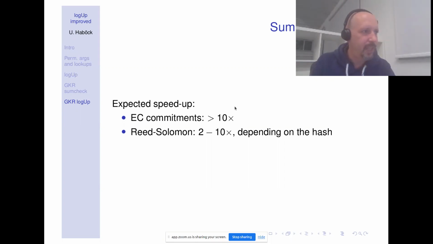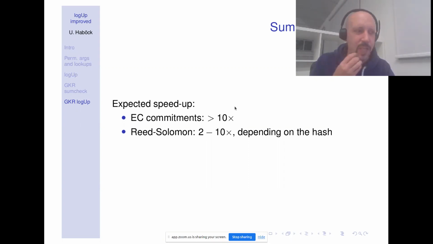And for EC-based commitments, I'd expect an absolute lower bound of improvement here. If you have a large number of columns, that's always the important thing. So for the situation we face, it would be more than tenfold.